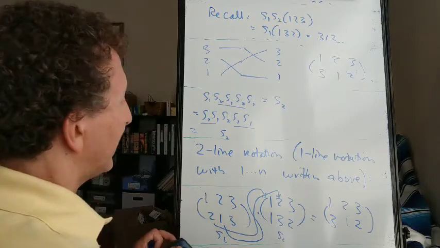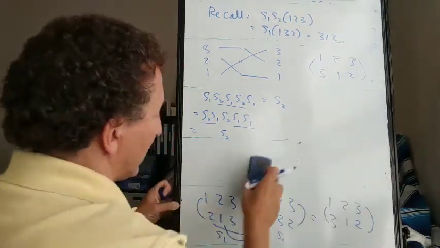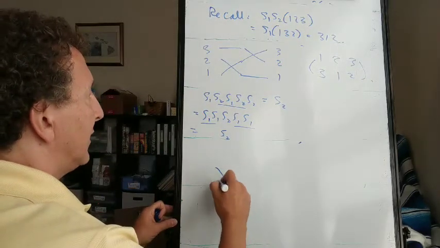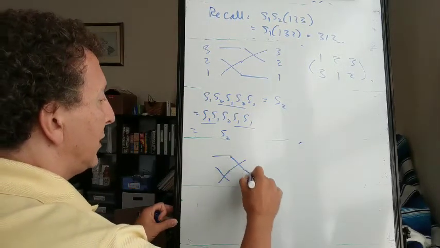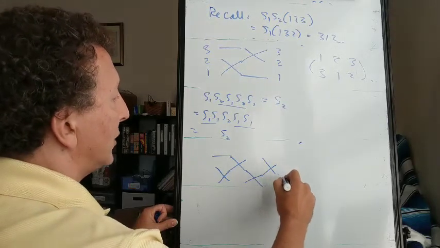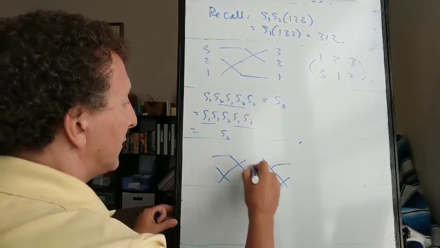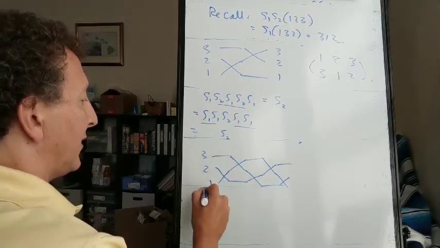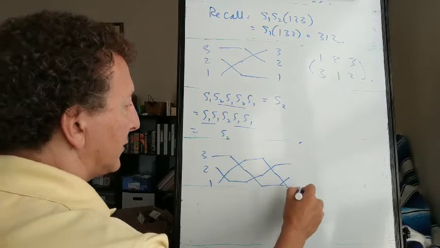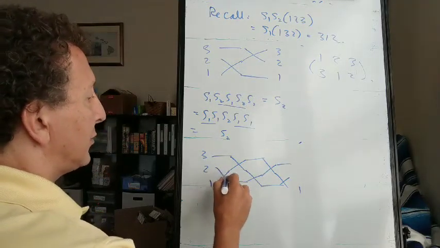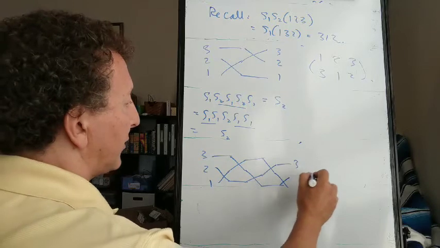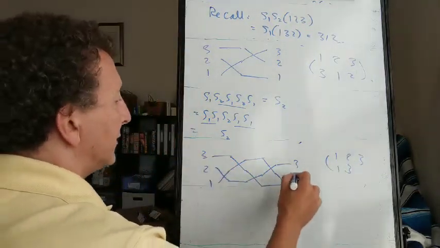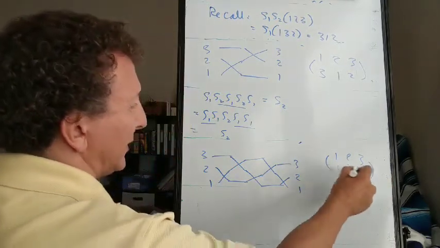So if we do that with wiring diagrams, then we see S1, S2, S1, S2, S1 has a wire that sends 1 to 1, 2 to 3, and 3 to 2. So we get 1, 3, 2.